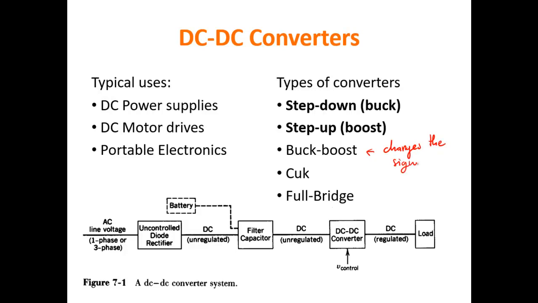In absolute value, the output voltage can be either higher or lower than the input one, but the important thing is that the sign is reversed. And then the Cuk converter is in principle similar to the buck boost, used in the same situation in which you need to use the buck boost because it also changes the sign. And the full bridge converter instead is mainly used for motor control.